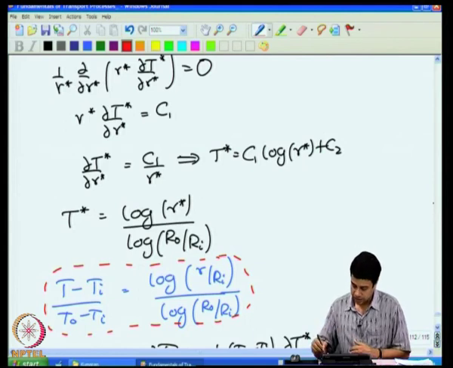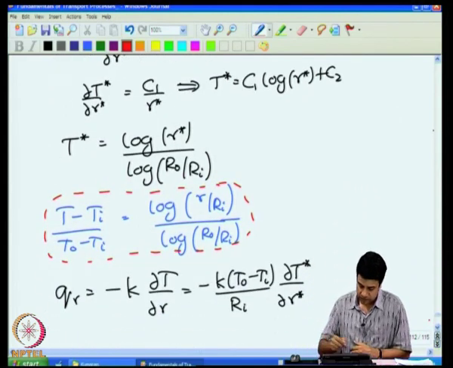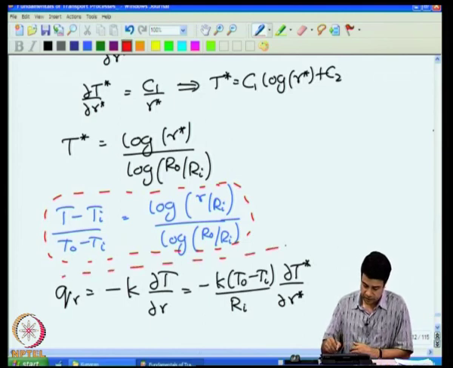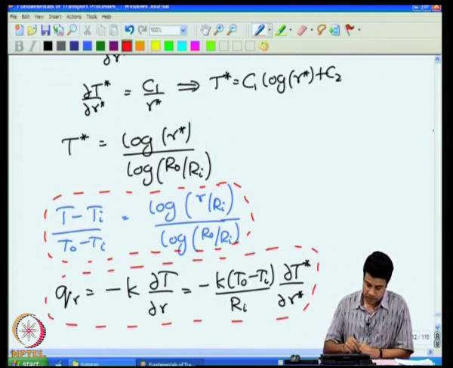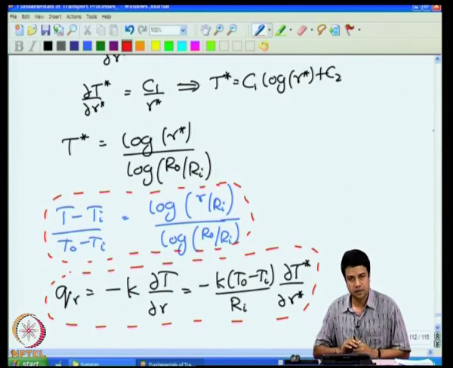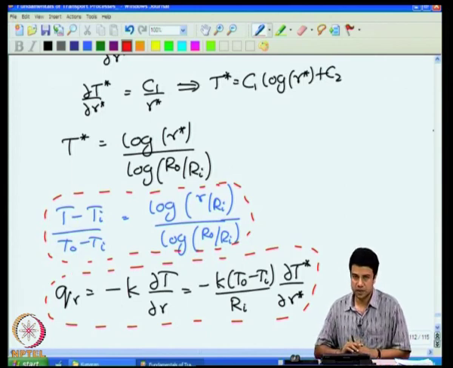And instead of the heat flux, we will just get an expression for the mass flux. All we need to do is substitute, instead of the thermal conductivity, the mass diffusivity. Instead of temperatures, we substitute concentrations. That is the only difference.